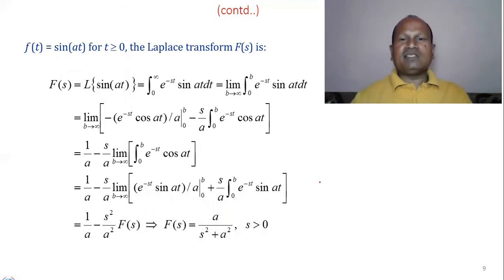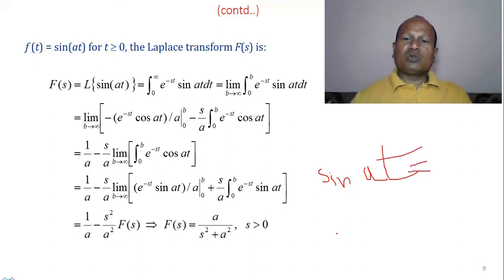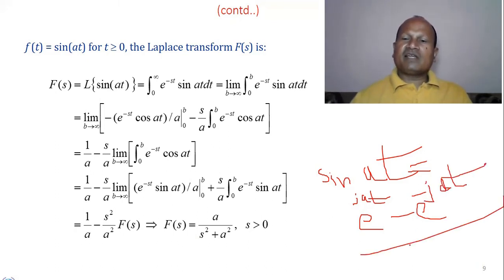What we can do is an easy approach. We will write sine at equal to (e to the power j at minus e to the power minus j at) divided by 2j.